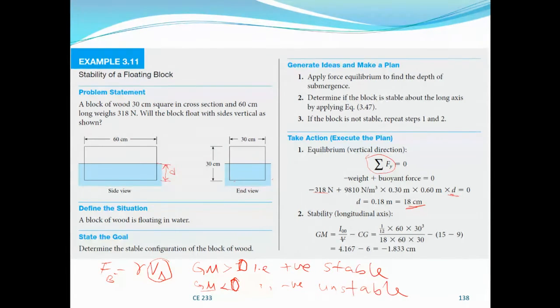This is GM. Determine the moment of inertia from the water line, which is BD cubed over 12. The formula is there.